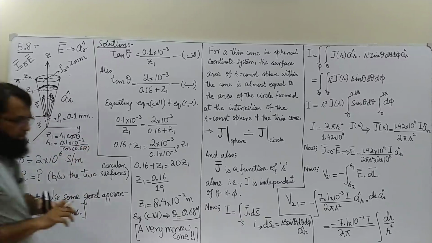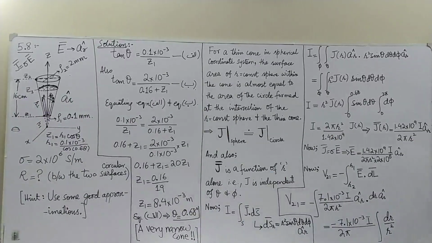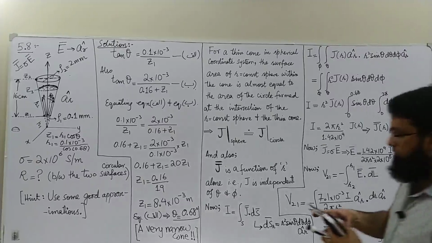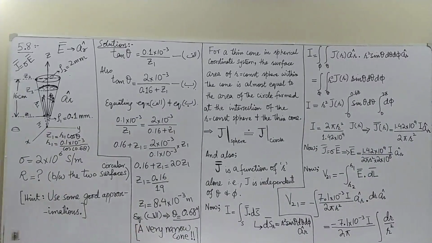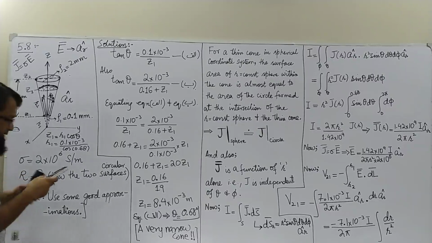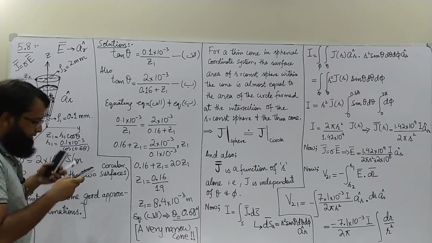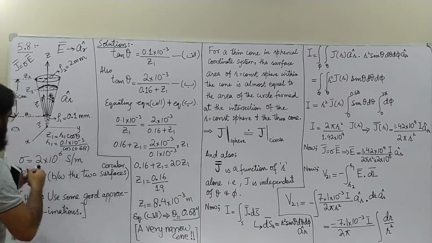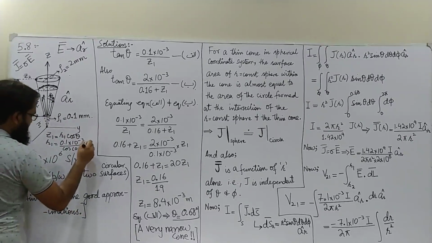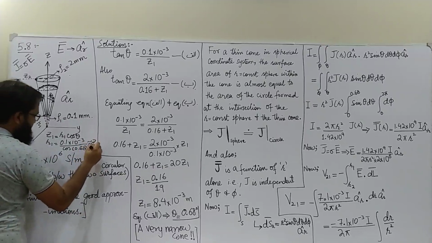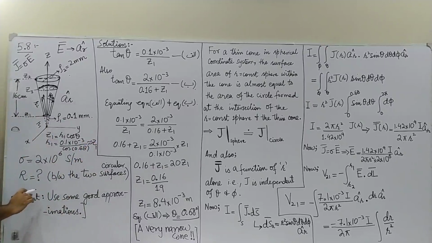What value are we going to get if we just evaluate it? 0.1 milli divided by cos of 0.68. What we are going to get is 0.100007 milli. So approximately it will be equal to Z1 because the cone is very thin.